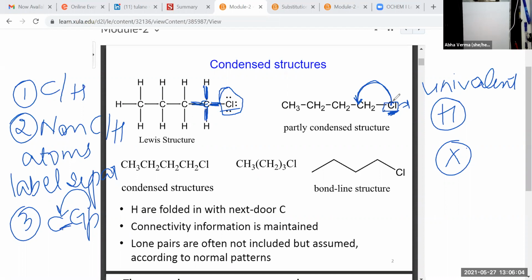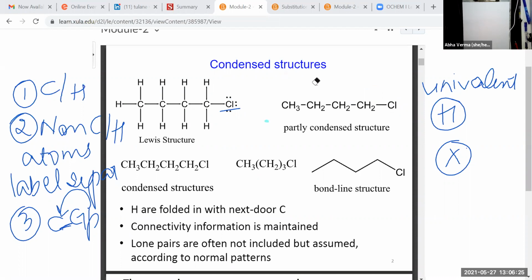So these are the 3 things that you have to remember. Now there will be questions for you where, from the Lewis structure, you write a partly condensed structure. And this is what we have done here in this particular question.